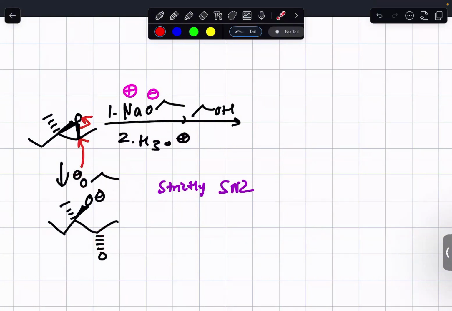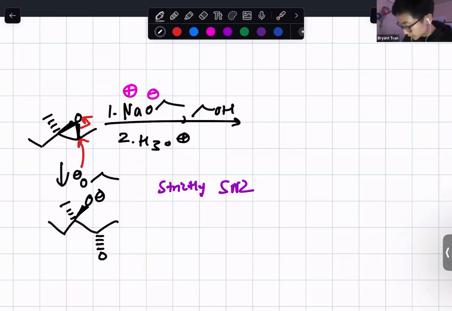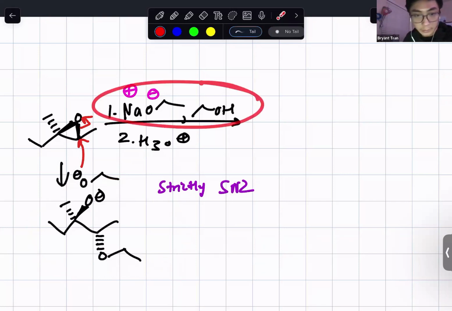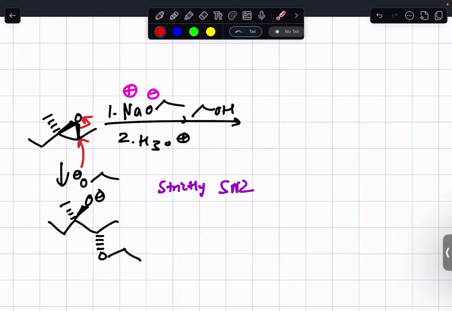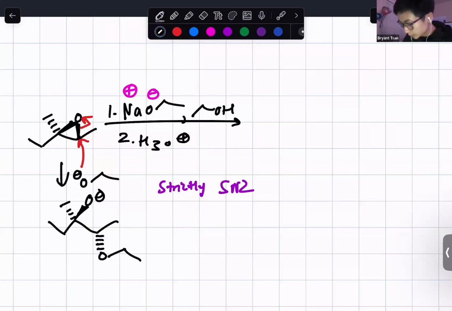Now, this oxygen is attached to a CH2CH3. So this is our final product after the first reaction. To make the product stable and neutral, we bring in the acid workup, H3O plus, to protonate the O minus to make it a neutral OH.